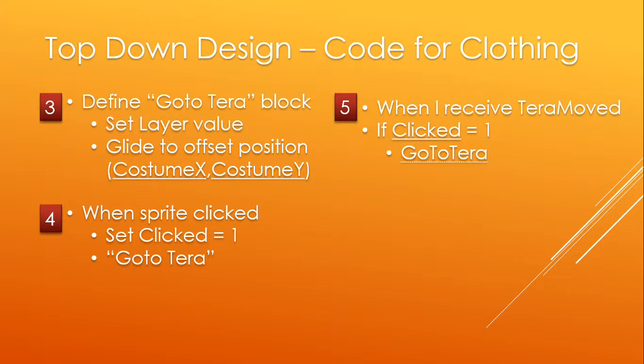And then number 4, when the sprite is clicked, we set our click flag variable to 1, and we go to Tera, calling our go to Tera block. And finally, number 5, when I receive a Tera moved message, if the click flag for that clone equals 1, we will once again call the go to Tera block.